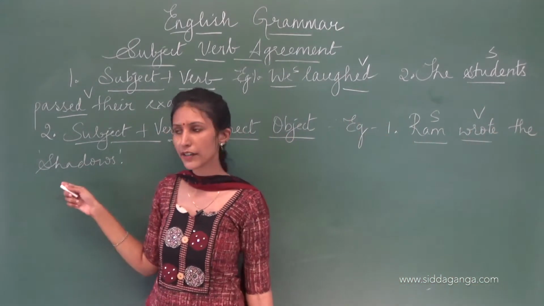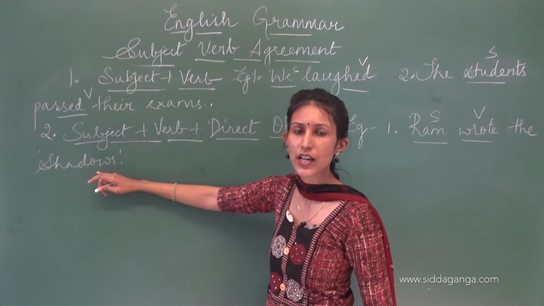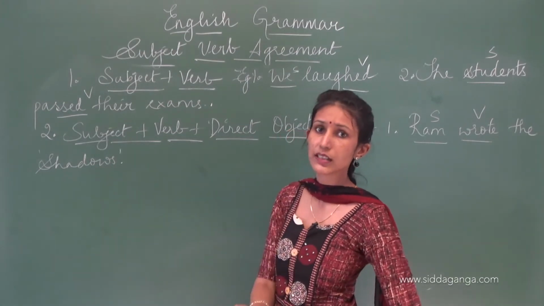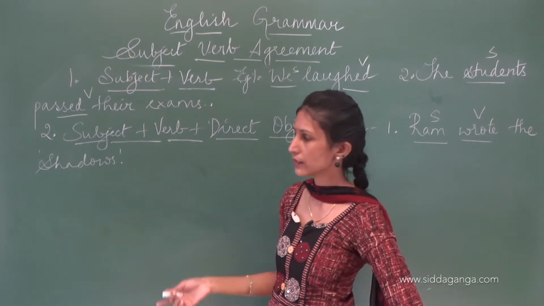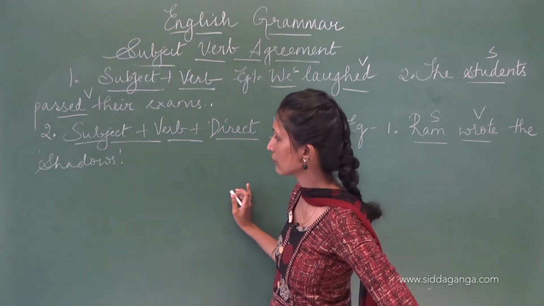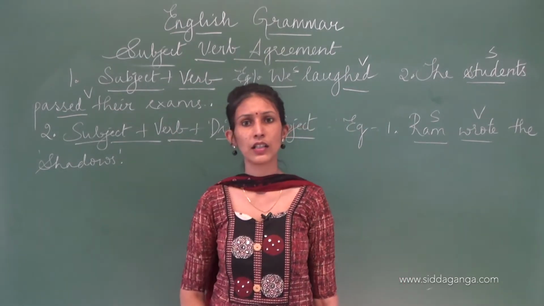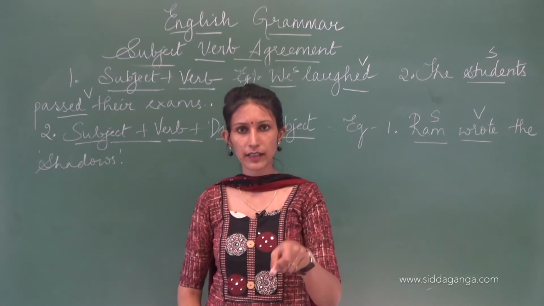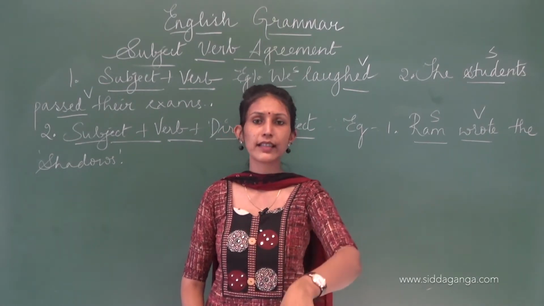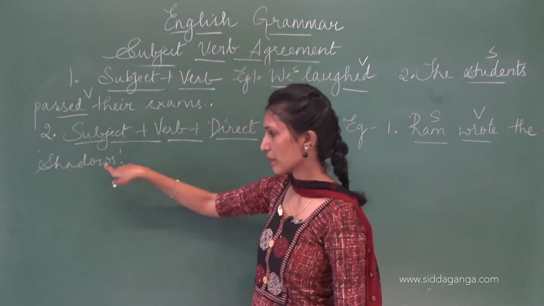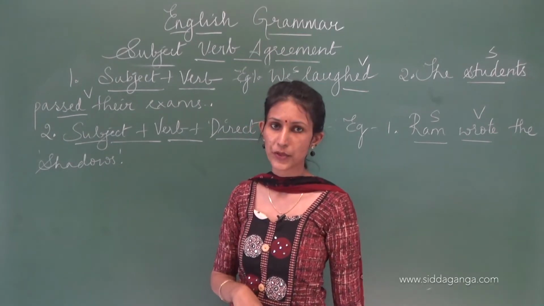He wrote what? He wrote the shadows. I am going slow because you must understand it properly in order to understand something else later. Shadows. He has written that book. That is a direct connection, a direct link to him. So this becomes the direct object.